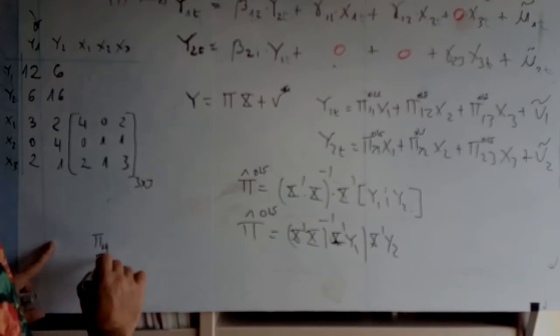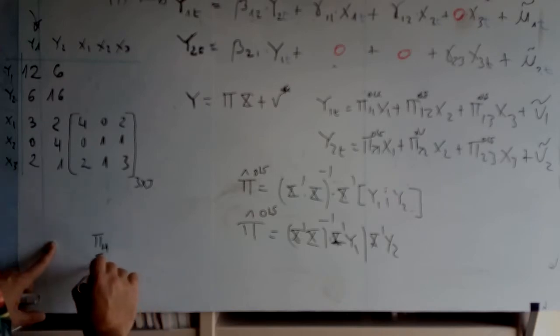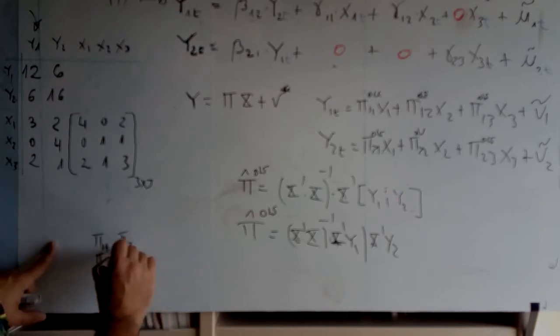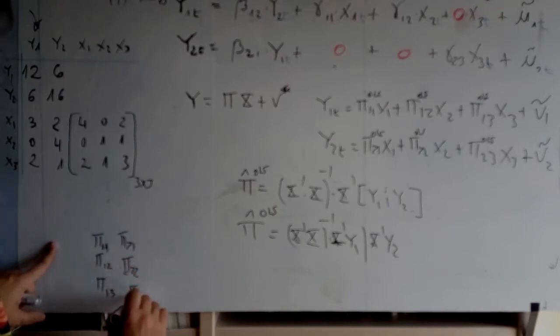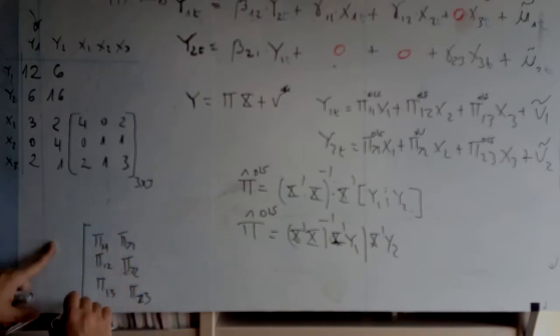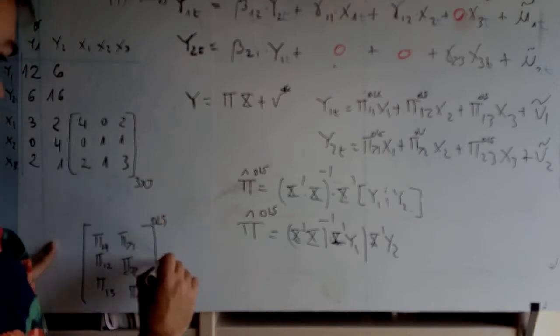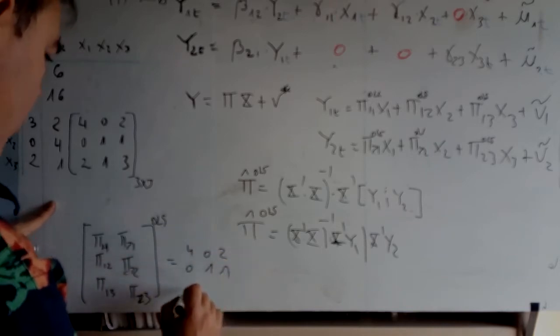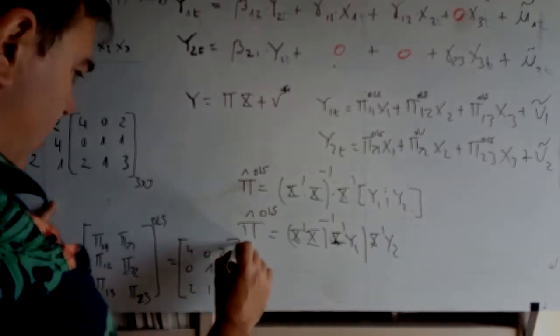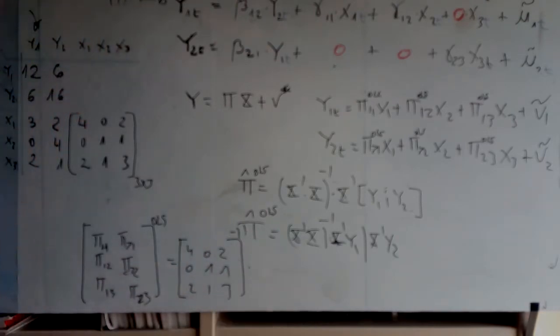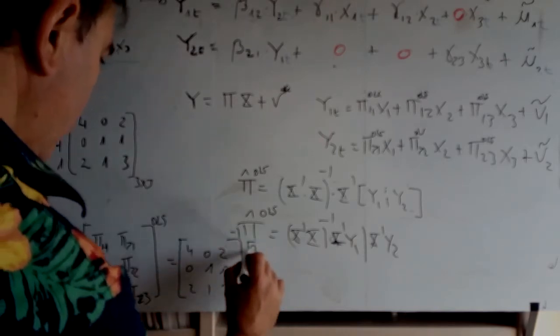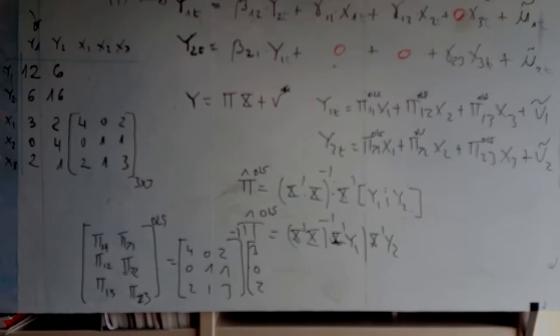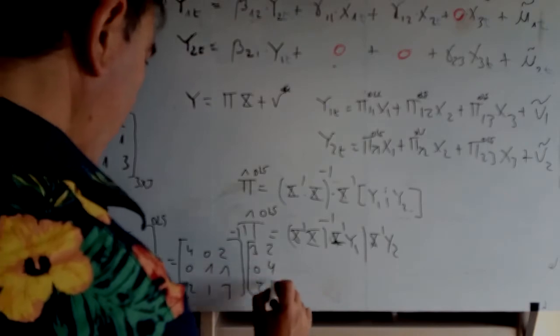P11, P12, P13, P21, P22, and P23 by ordinary least squares has to be this matrix 4, 0, 2, 0, 1, 1, 2, 1, 3 inverse times X'y1, that is this vector 3, 0, 2, and also times X'y2, that is this other vector 2, 4, 1.